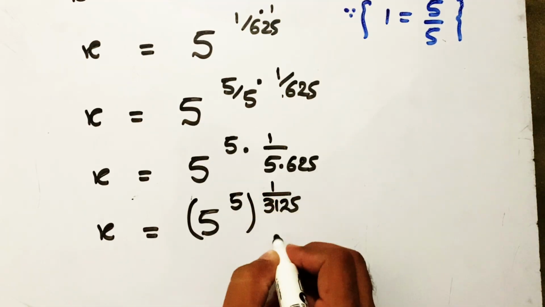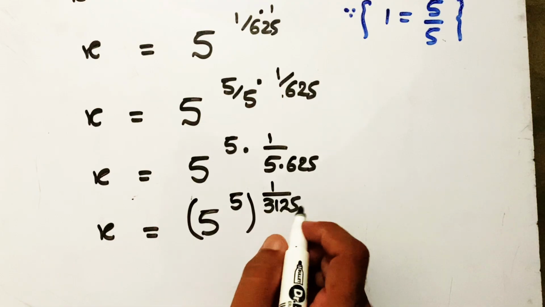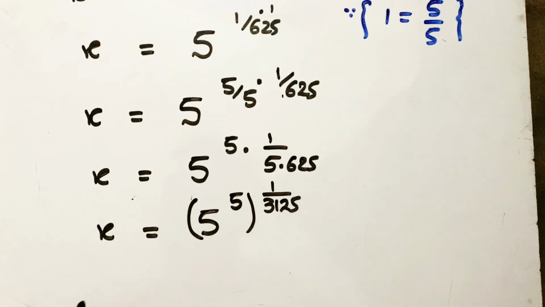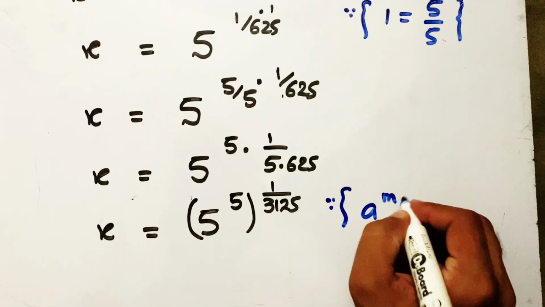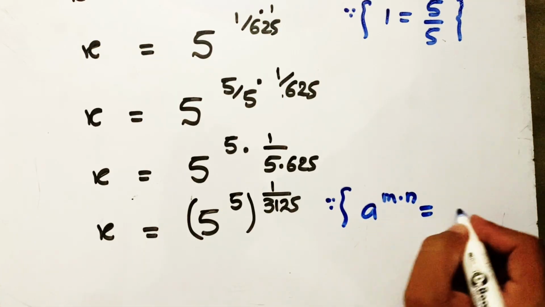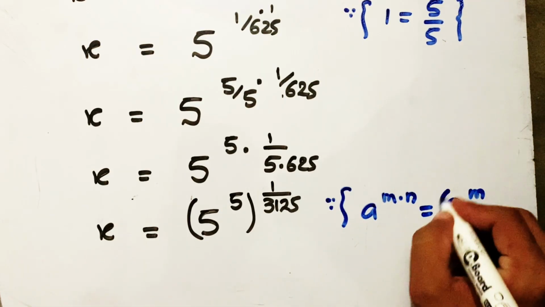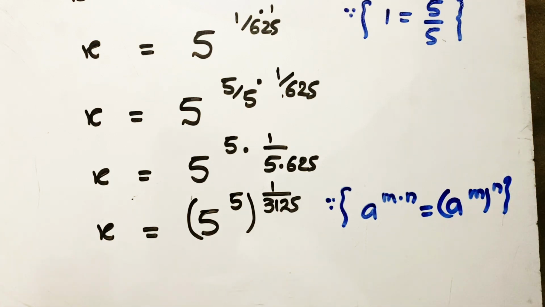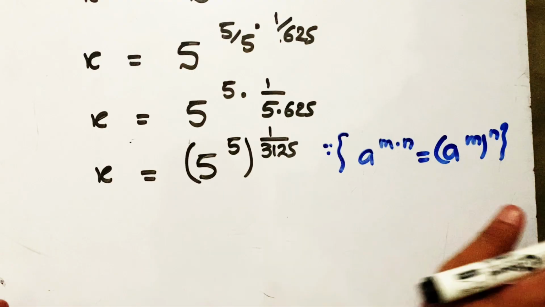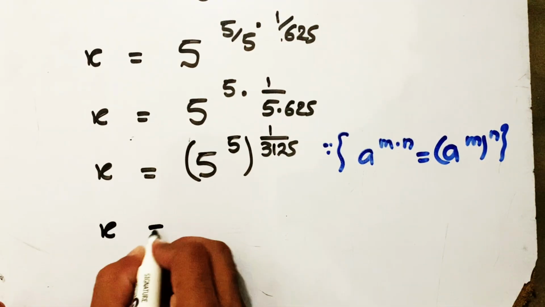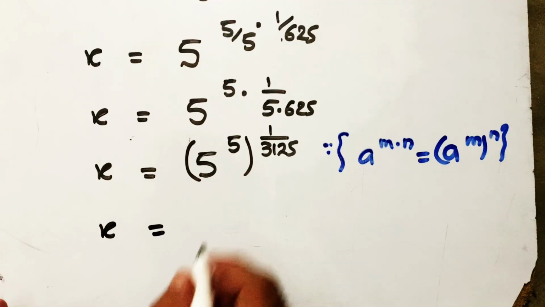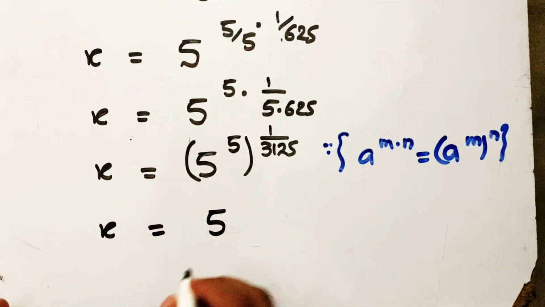I am using the power of power rule, which is defined as a to the power of m into n equals a to the power m, whole power n. So we got this value here: x equals 5 to the power of 5.